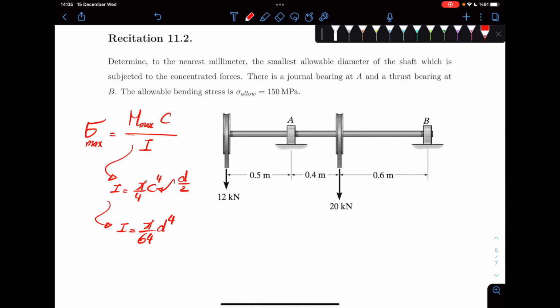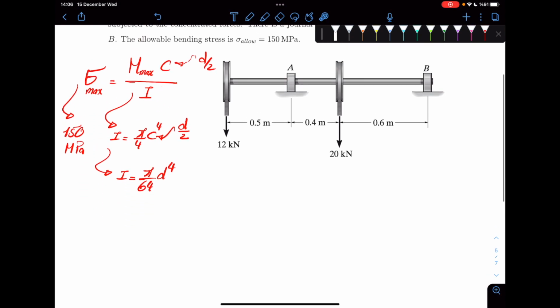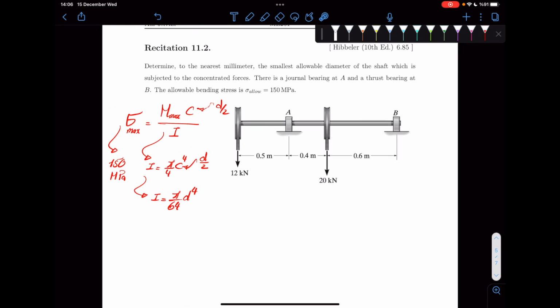So I is a function of d. D is the unknown, right? C here is also d over 2, so that's also a function of d. And sigma max is given as 150 megapascal. What we need to do is to find out what is the maximum moment, and then we will be able to calculate the minimum diameter, okay?